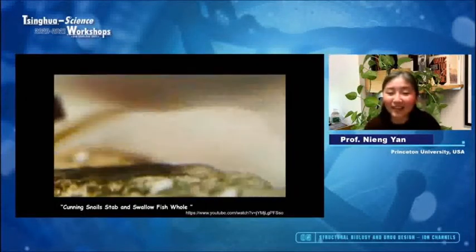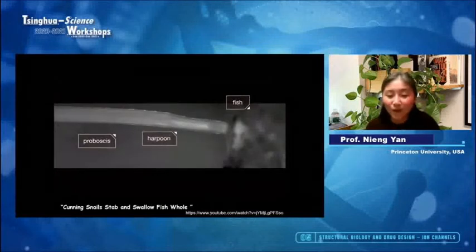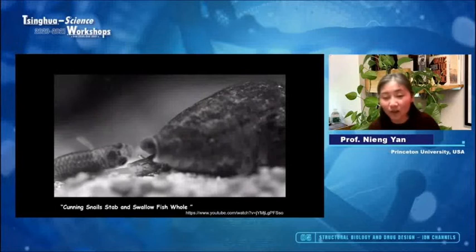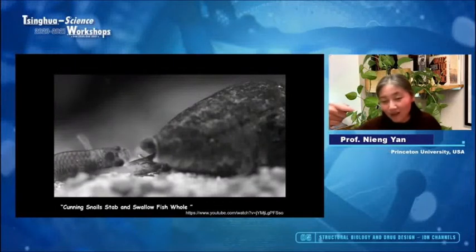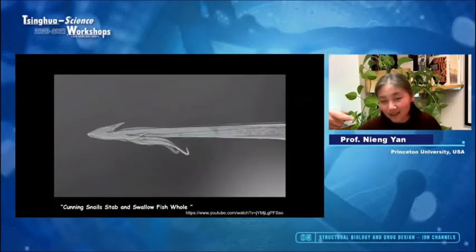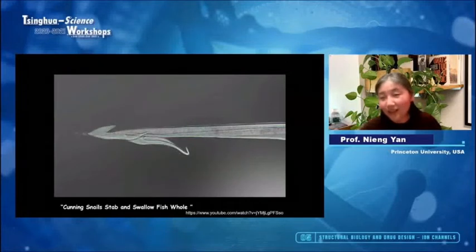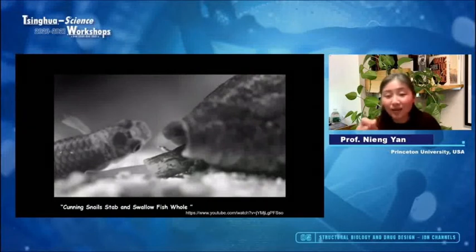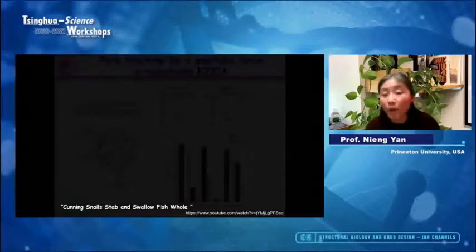So here is a clip from a video of a Chinese mudskipper swallowing a fish. You can see it looks like a needle, right? To stab the fish. Actually, it injects venom into the fish to paralyze it.